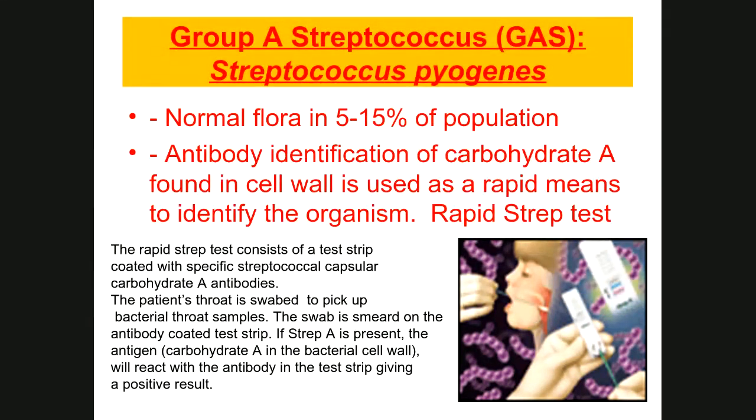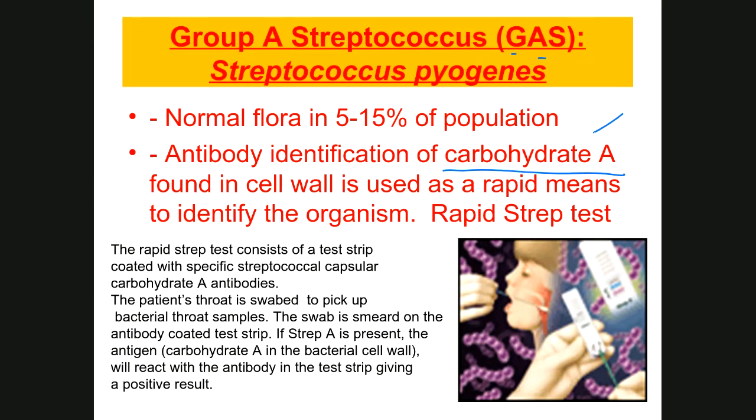Because of that, a rapid identification test has been developed. It is the rapid strep test, that identifies carbohydrate A found on the surface of group A Streptococcus. So carbohydrate A is a complex polysaccharide. It is antigenic.